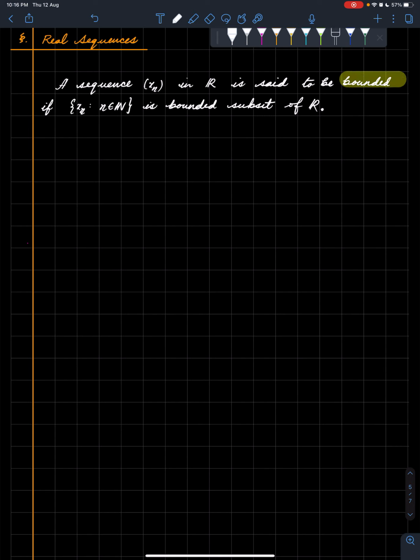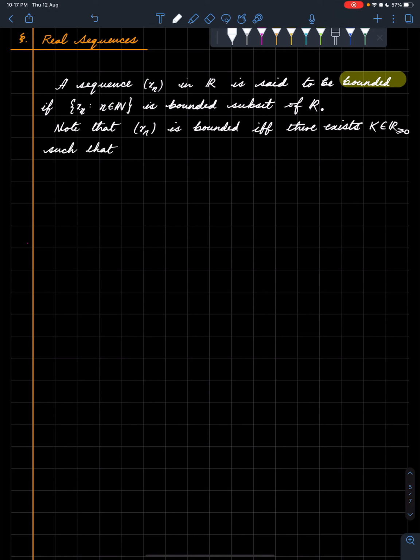And let me just note that this is bounded if and only if there exists some real number M, which I call non-negative, such that this happens for all natural numbers.